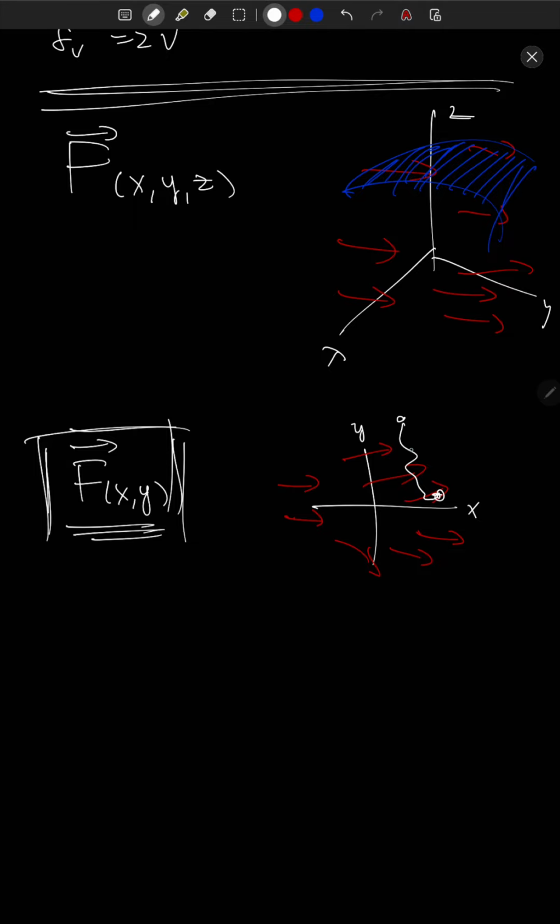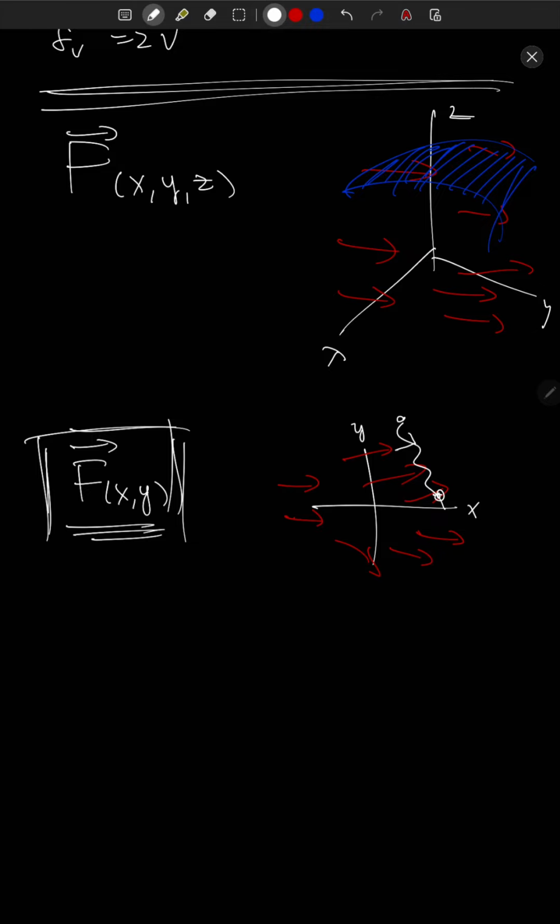For example, if we orient the curve in that direction, that induces a normal direction, if we want to talk about the flux.